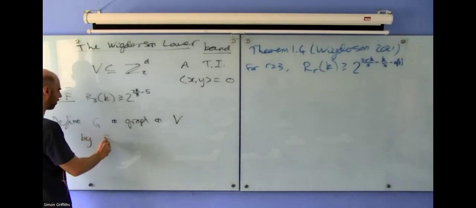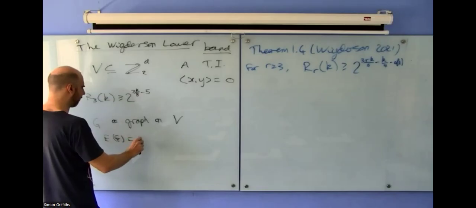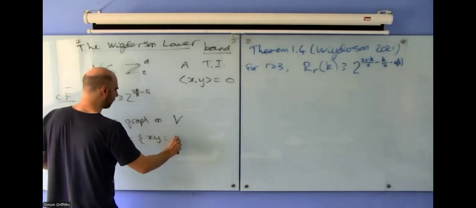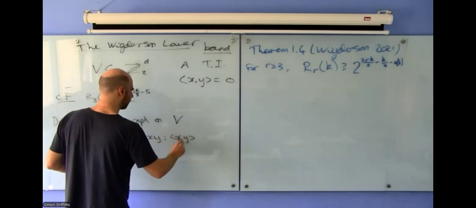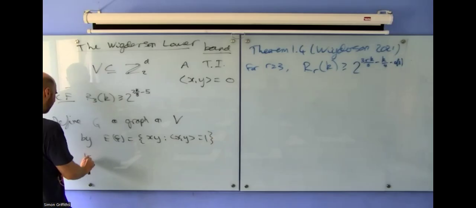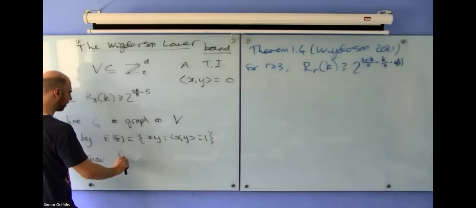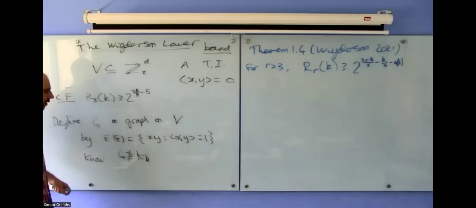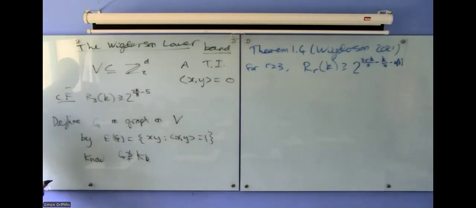You have an edge in G if x, well, the edges are the set of xy with inner product 1. And we know G does not contain any clique of size k. We saw that last time.